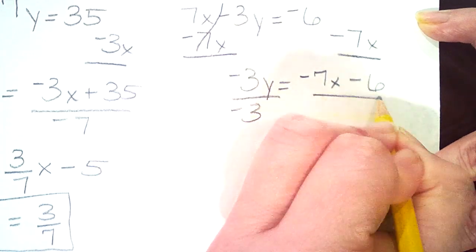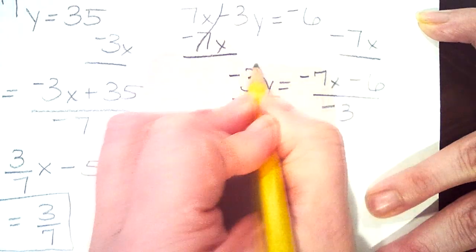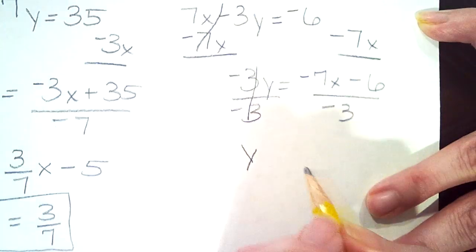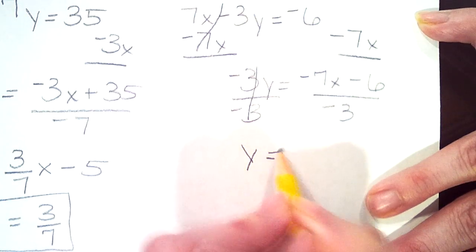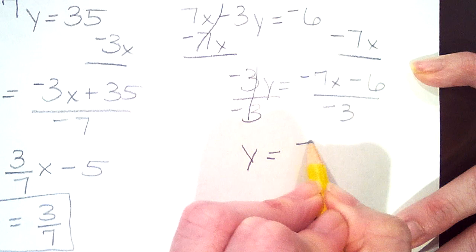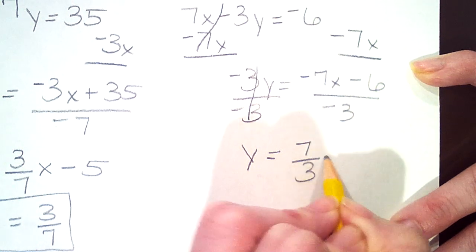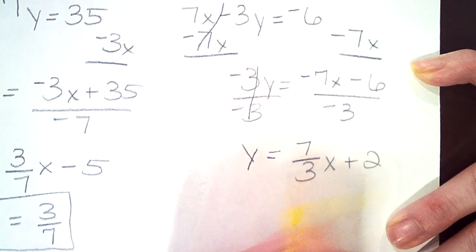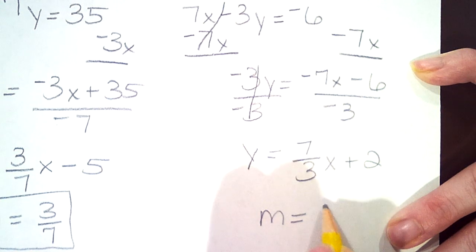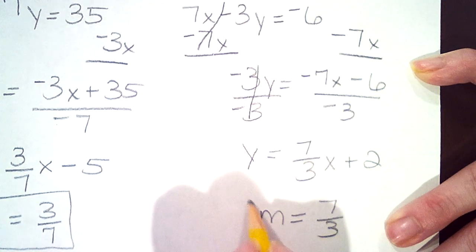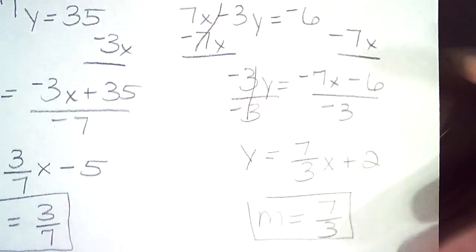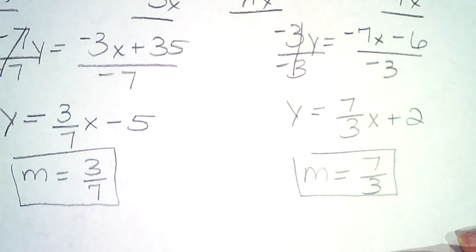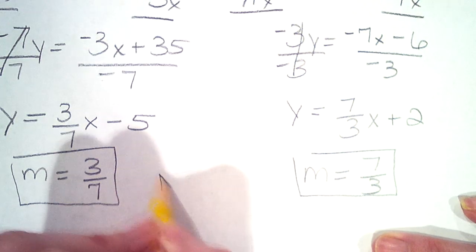Divide both sides by negative 3. My slope here is 7/3, which means that the relationship is again neither.